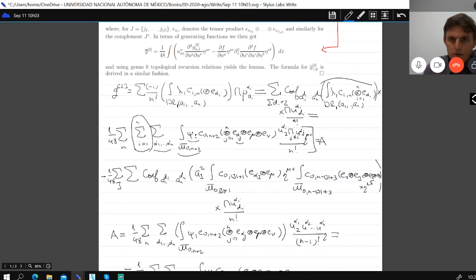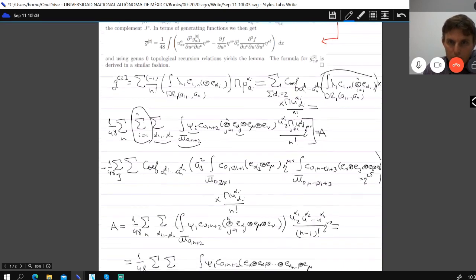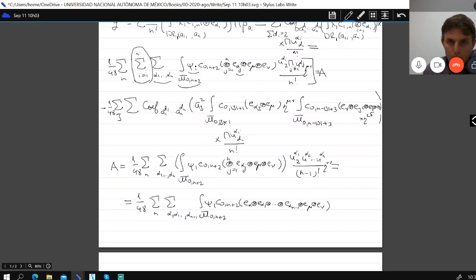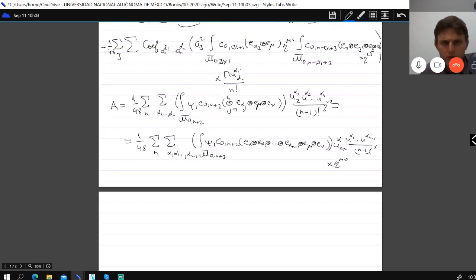Then we have u_alpha, u_{alpha_1}, over (n minus 1) factorial at mu nu. I think I don't forget anything.